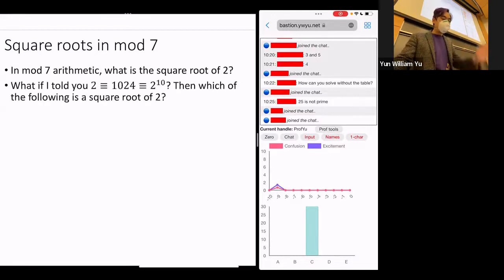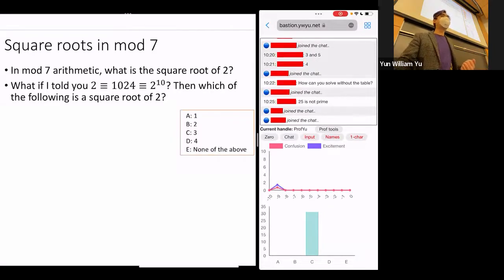But what if I told you that 2 is congruent to 1024 mod 7? Then which of the following is the square root of 2? Oh, well, let me zero that out before you guys reply.